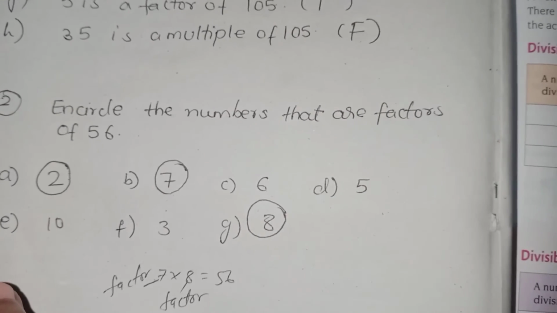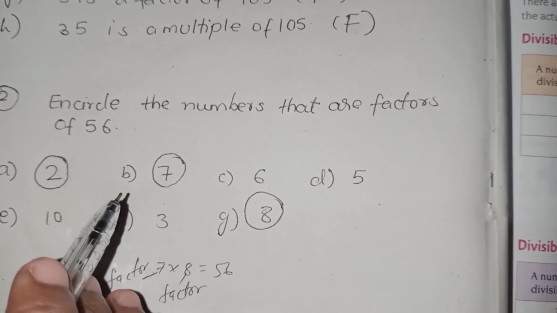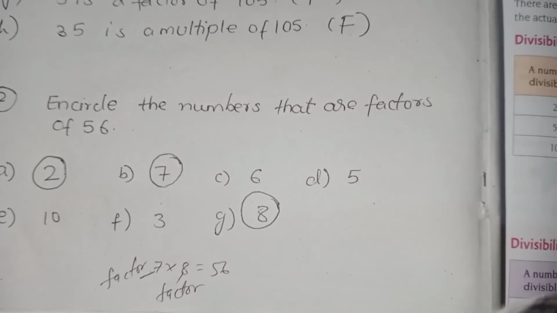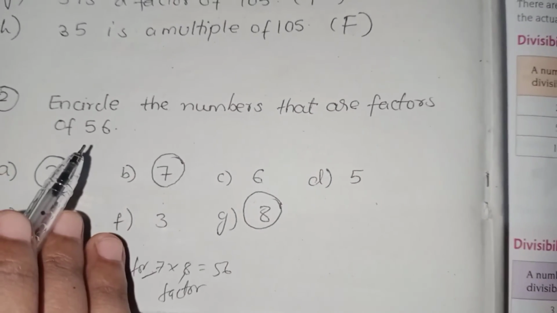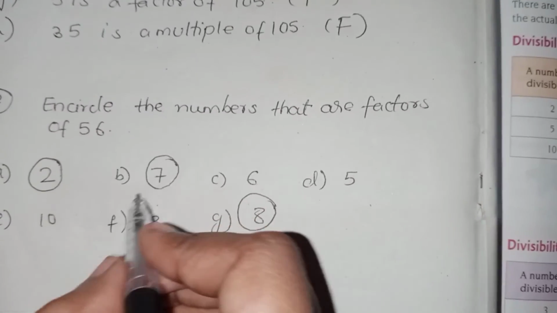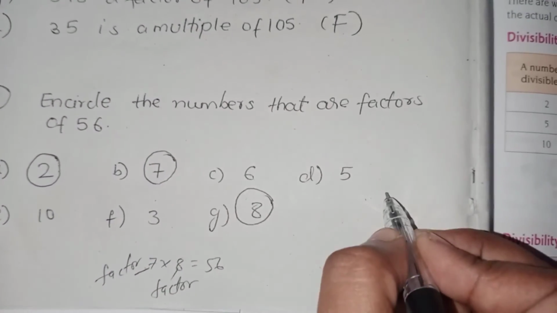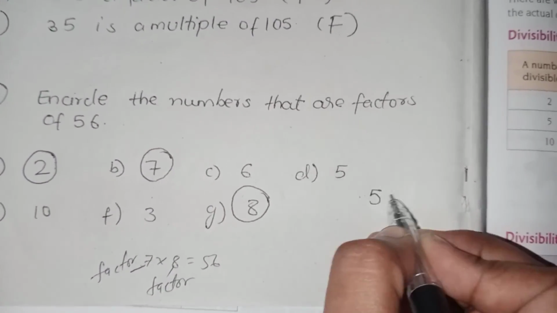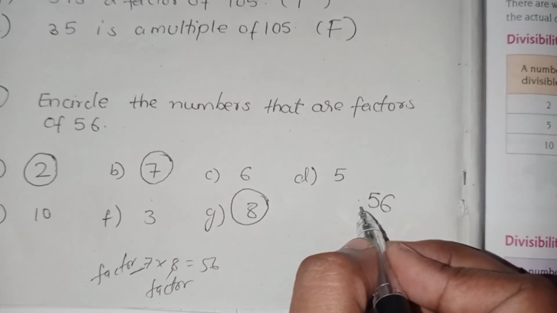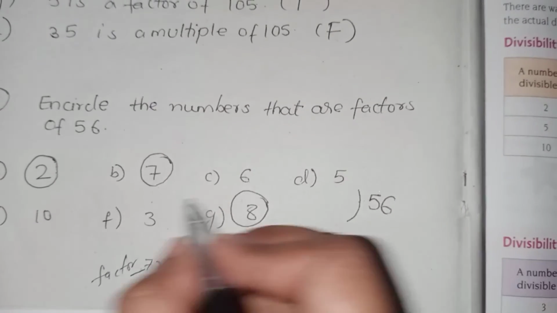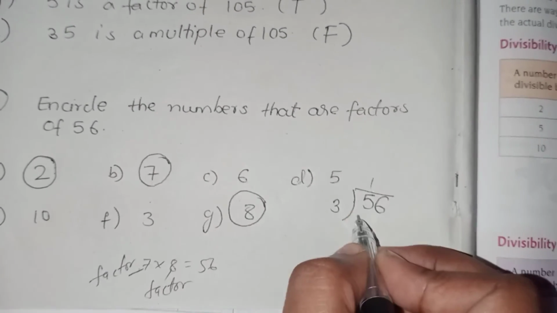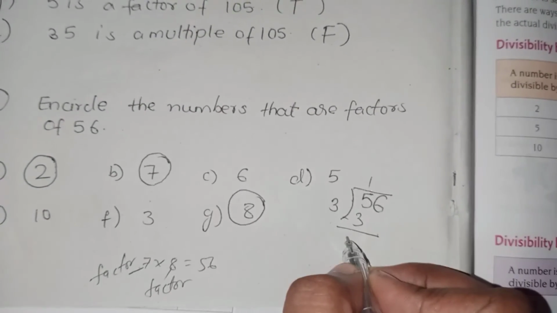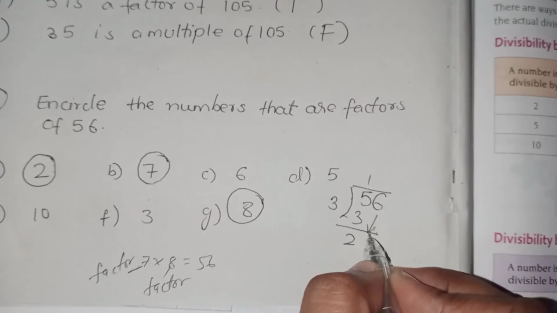If you want to know the factor, what you can do is divide it. If you don't get any remainder, that means that number is the factor of that particular product. For example, if you get confused how to know, we are finding the factors of 56 and I want to check for 3, so I will divide by 3. 3 1s are 3. 5 minus 3 is 2. Bring this 6 down.